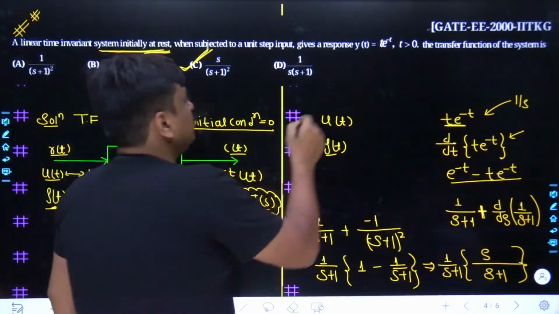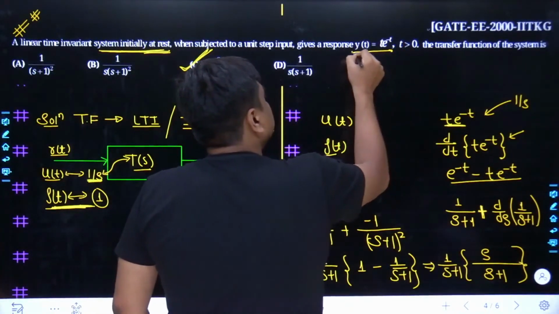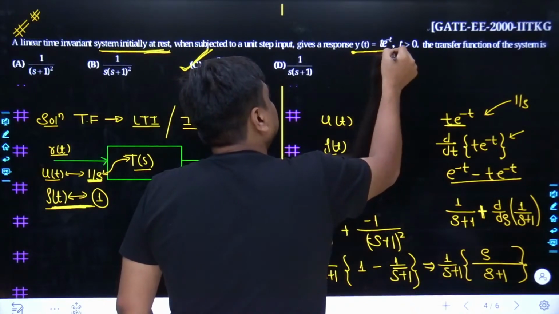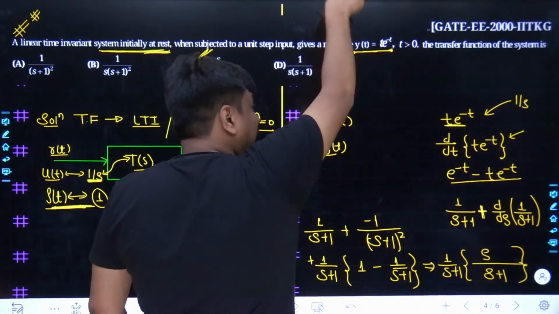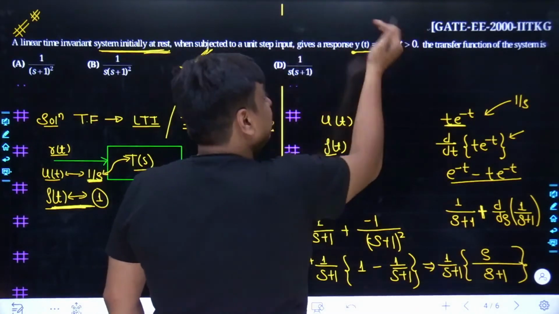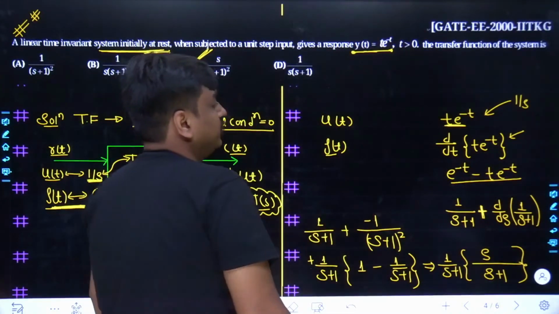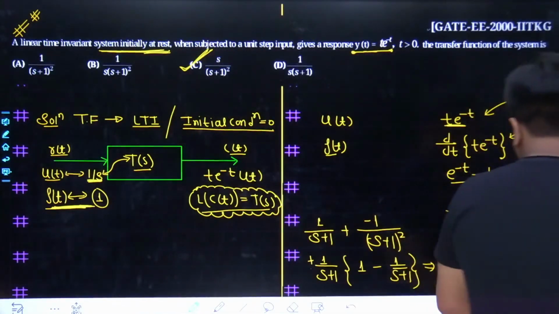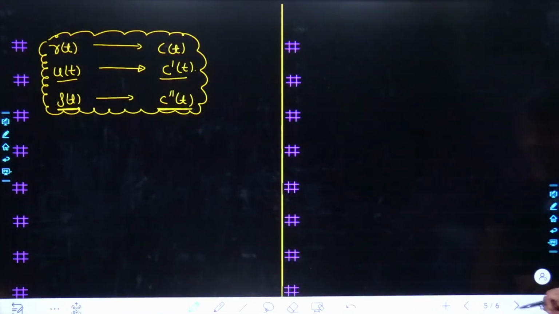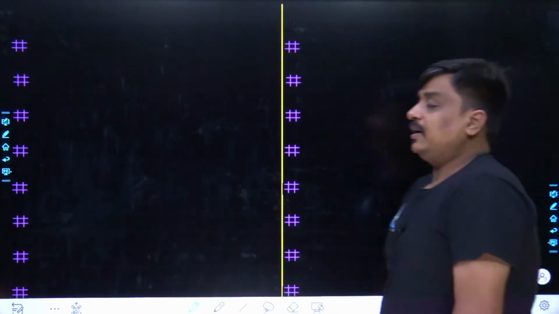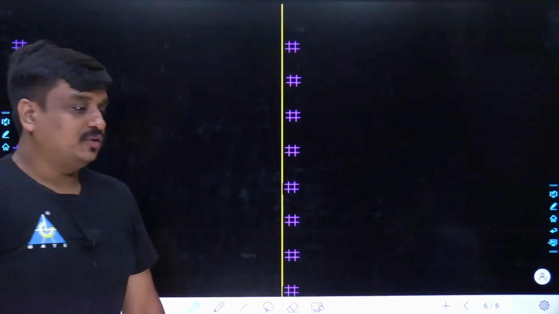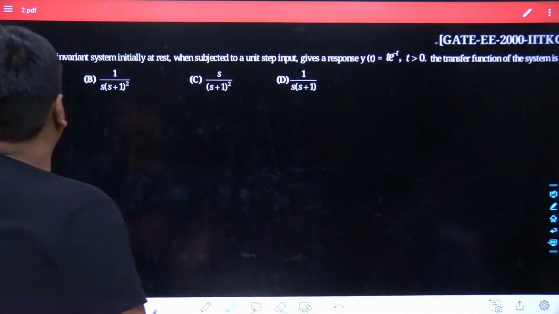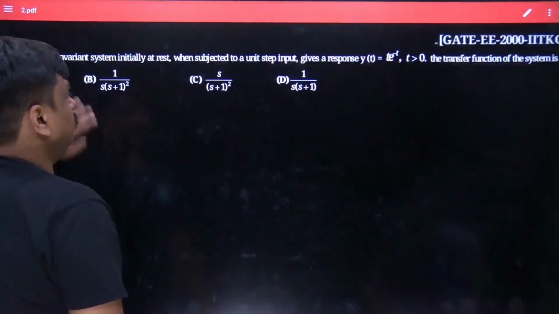So I request all of the students to also try to solve this problem in the Laplace domain, where you take Y of s first, and then replace 1 upon s with 1, and from there you get its transfer function. I request you to get the answer by that method also. Definitely you are going to make a mistake with that method. That's why I am insisting on that way of calculation too. In the same sequence, let me go forward and take the next question.